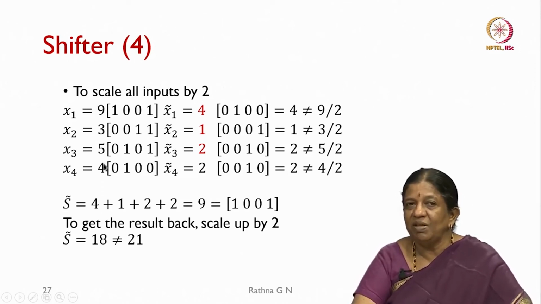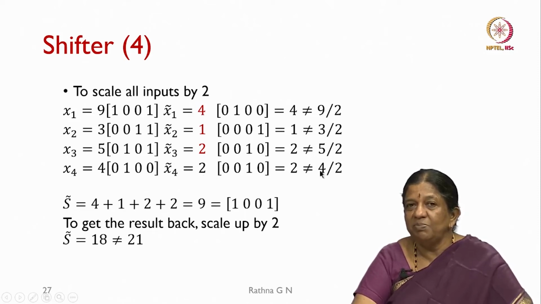When we do the scaling, what we get is x1 hat, which is not equivalent to x1. When it is 4 and I multiply by 2, I will get 8, not 9. In the same way, whatever is shown in red are the approximated values of the original ones.